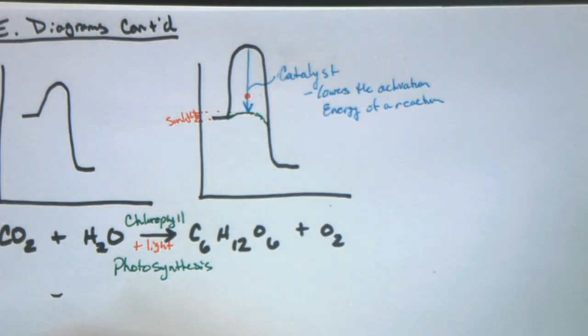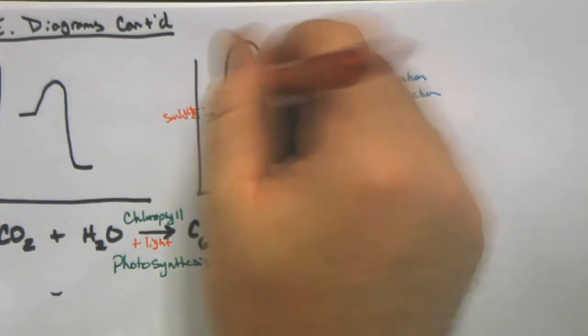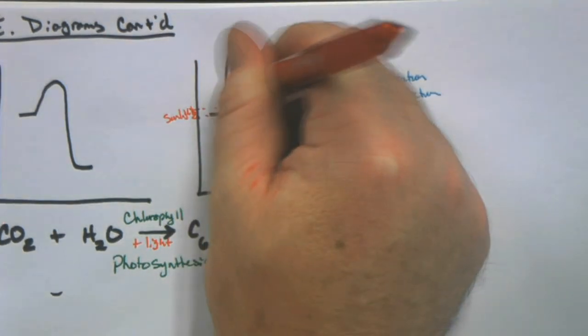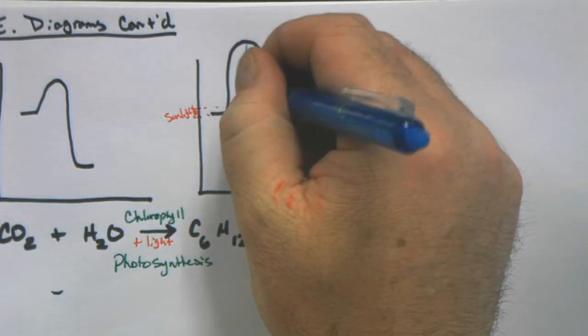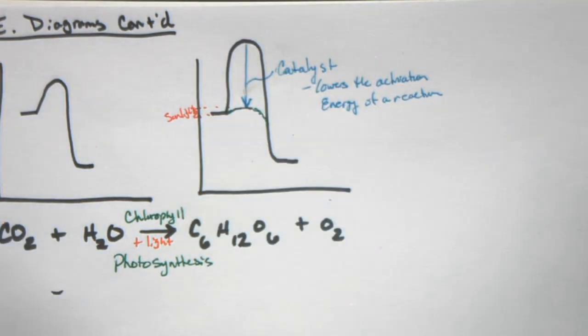Now, there are certain molecules that can come in and will actually counteract a catalyst, and they only occur when a catalyst is being counteracted.